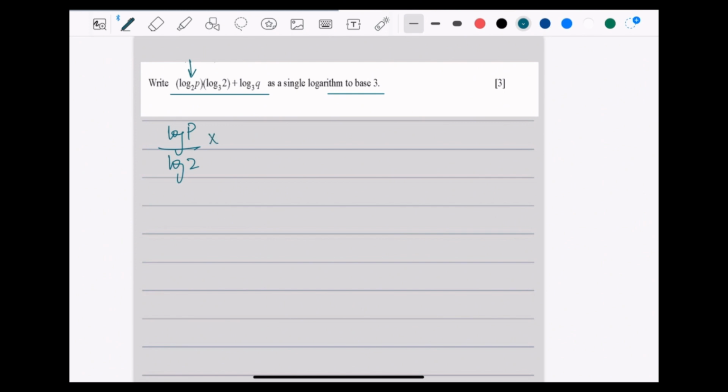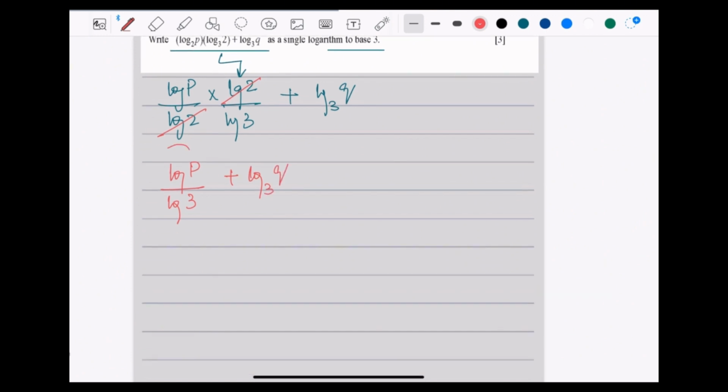It's my own prerogative. So log 2 over log 3 plus, I change that as well here. Now this is log 3 of q, leaving it as it is, because I need to get over with the first one. So I can cancel these log 2's, and I'm left with log p over log base 10, 3 plus log 3 of q. Now look at this one, and you can write this using the change of base law.